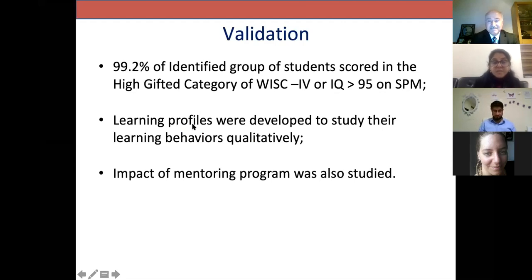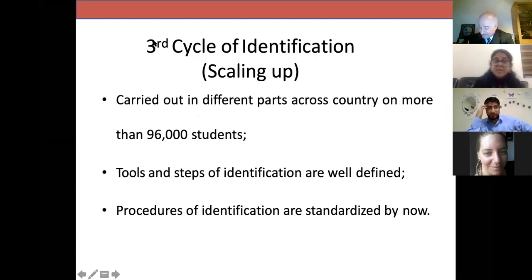We developed learning profiles, and their learning profiles were analyzed qualitatively, and we studied the impact of the mentoring program also by the pieces of work they submitted. In the third cycle of identification, we scaled up the entire process in different parts of the country.